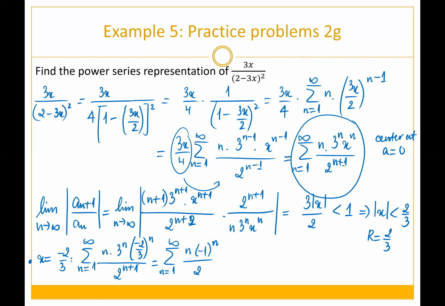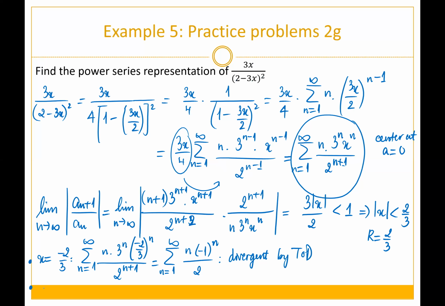And clearly, as n approaches infinity, this entire thing is going to fluctuate between plus or minus infinity, so it diverges by the test for divergence.